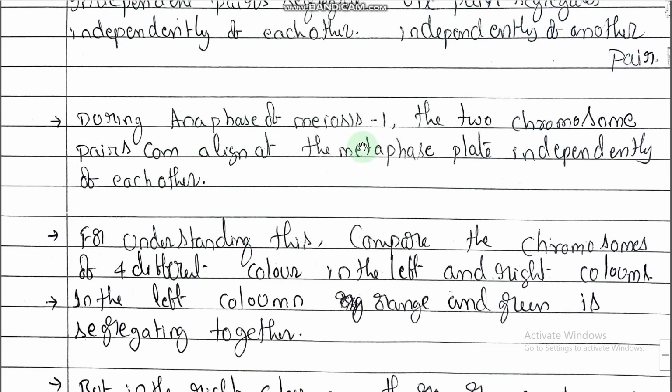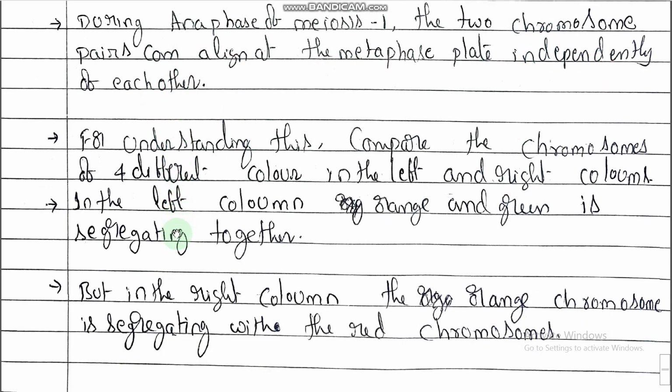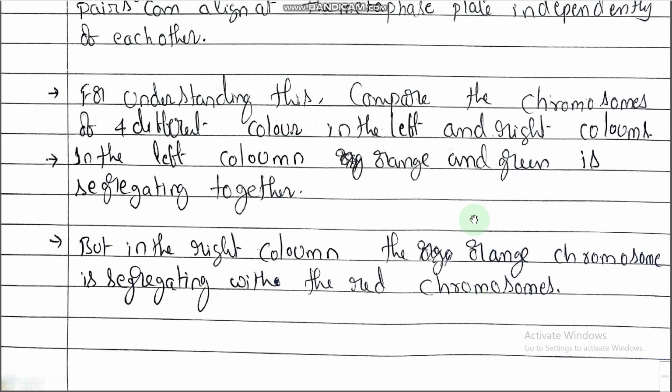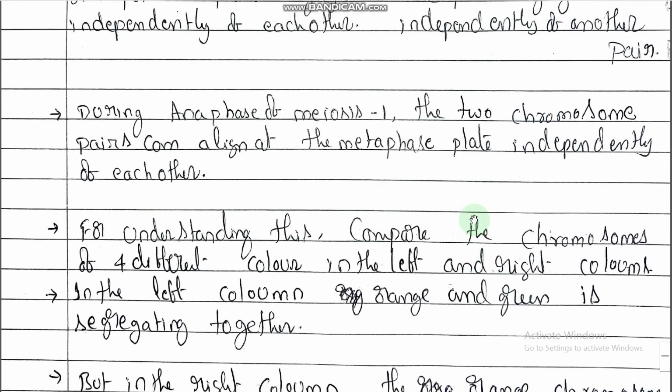Okay, during anaphase of meiosis 1, the 2 chromosome pairs can align at the metaphase plate independently of each other. For understanding this, compare the chromosomes of 4 different colors in the left and right columns. In the left column, orange and green are segregating together, but in the right column, the orange chromosome is segregating with the red chromosome.